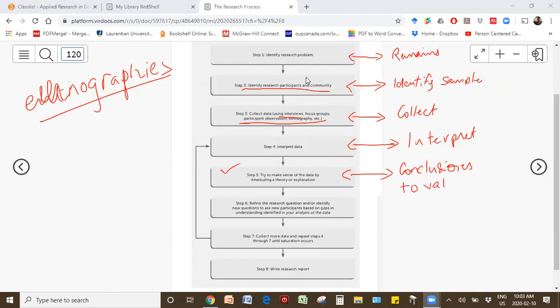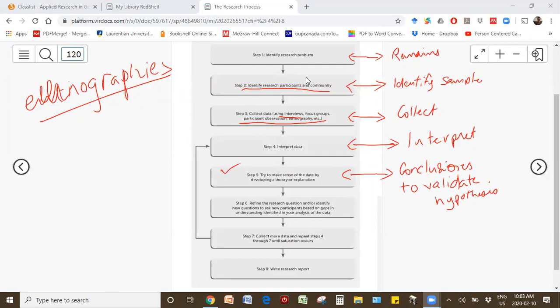Conclusions to validate hypothesis, right? So in that sense, it's quite different because you're really not trying to develop a theory at that point. You already have a hypothesis, and you're using your conclusions to validate a hypothesis or to identify new data.